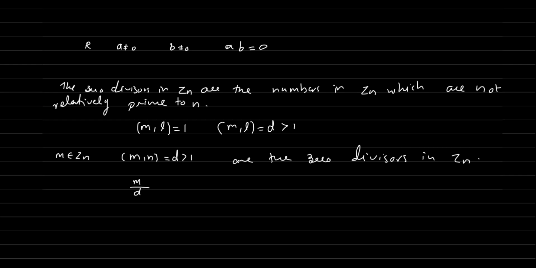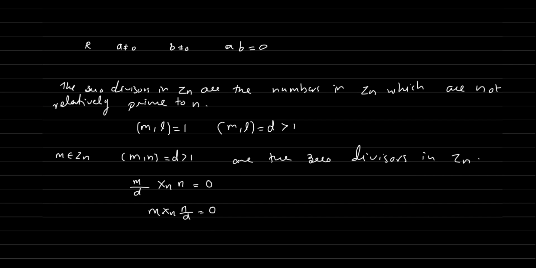Here the GCD of m and n equal to d means d divides m and n both, so m by d will be an integer. Now m by d multiplication modulo n d will be equal to 0. Now m multiplication modulo n by d, we can change the position of d from first to second, and which is also equal to 0.